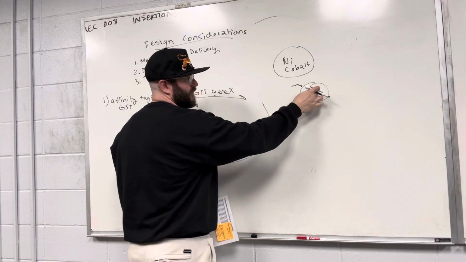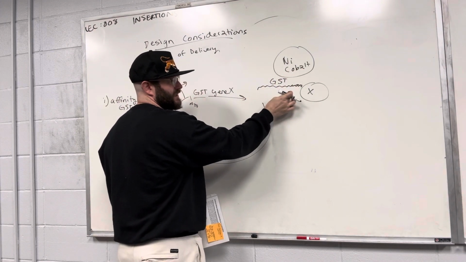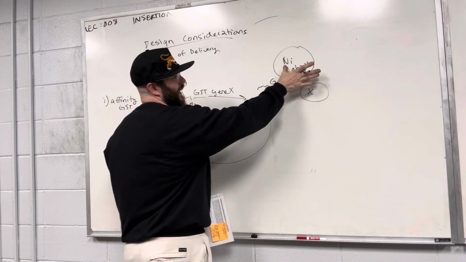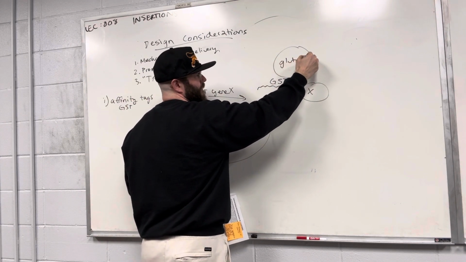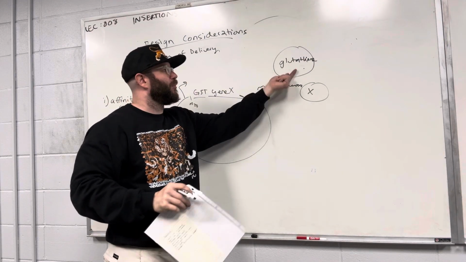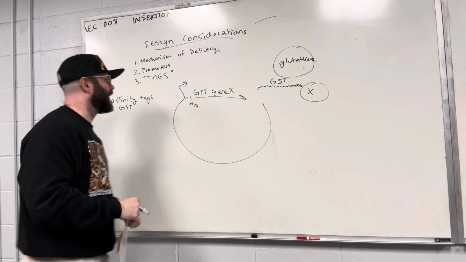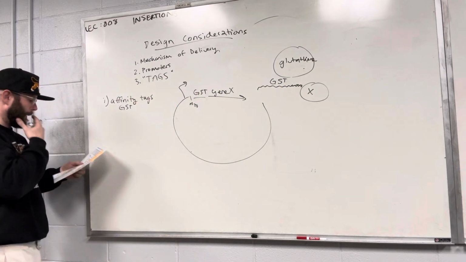So that's where you have X, and you've put a whole other protein, GST, attached to that, and GST binds glutathione. So you can buy beads that are coated with glutathione, and now your X will bind to those beads. So it's a way to purify. So remember that affinity tags are used to purify protein.